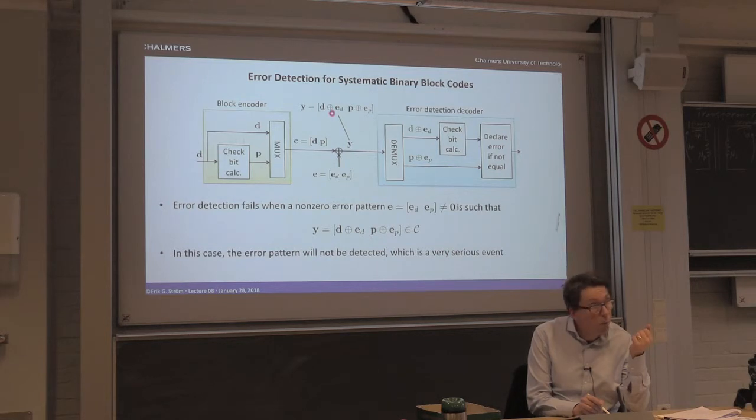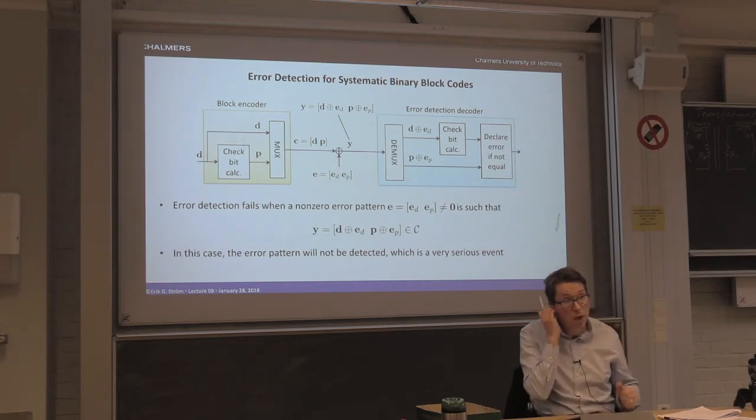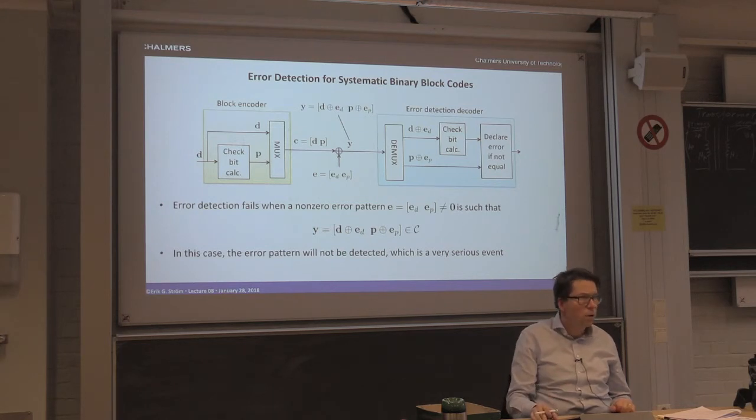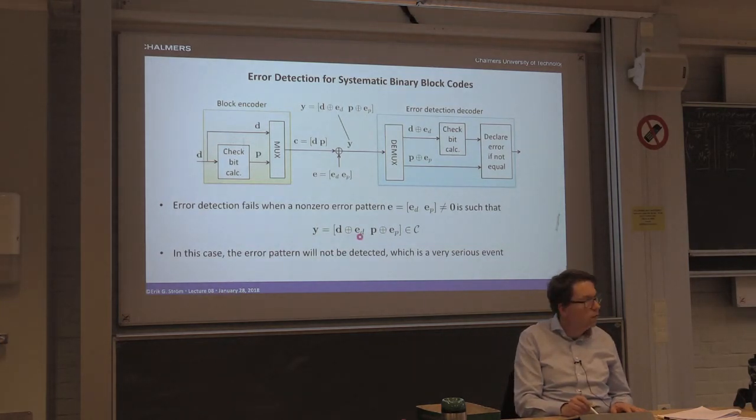Then we just compare the check bits which correspond to these bits with the bits that we actually received. So that's the error detection mechanism here. Was that clear or unclear? Somewhat clear. Okay. Look at it a little bit, and then you can figure out that this actually works. And it works regardless of whether the errors are in the first part or in the second part. It doesn't matter.